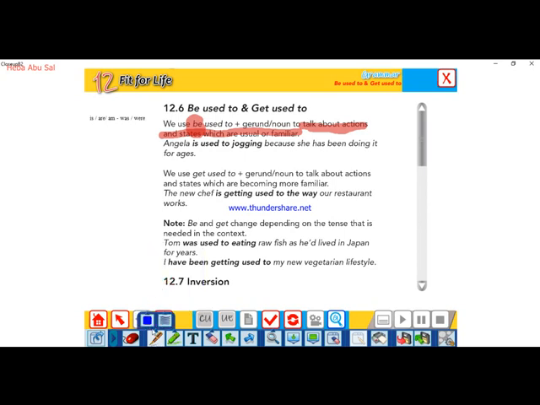I always like to color things. Angela. Now the branch of be here is is, right? Angela is used to jogging. We use the gerund because she has been doing it for ages.